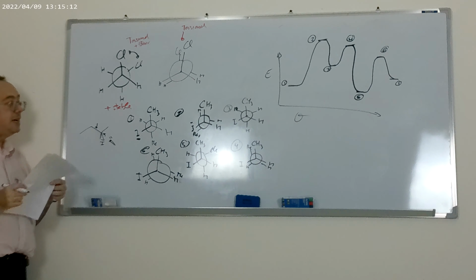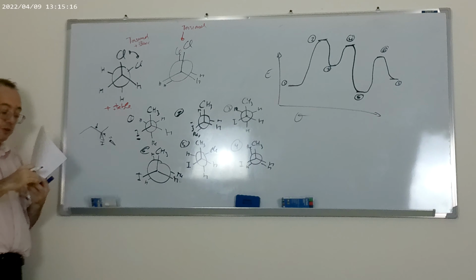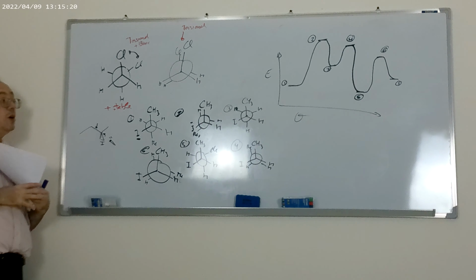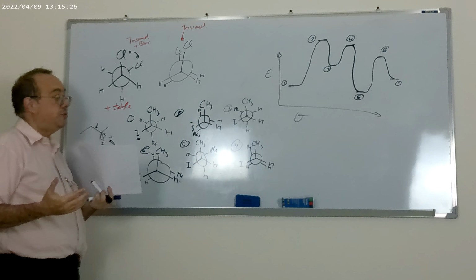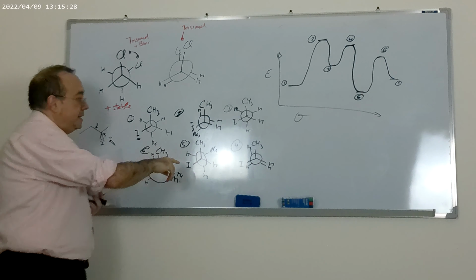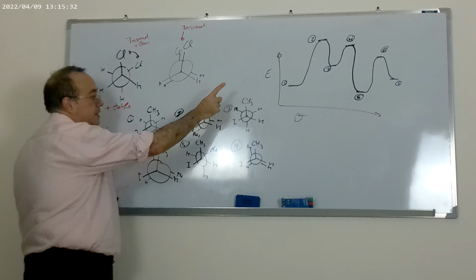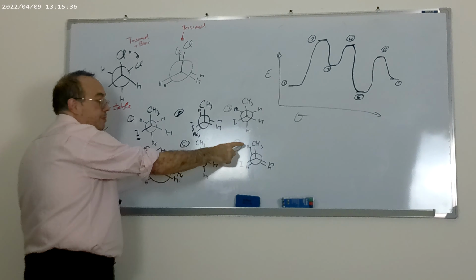Okay, we have to analyze each conformer, we have to check if it's staggered or eclipsed. Remember that all eclipsed are maximums, all staggered are minimums. Okay, and then we compare all the eclipsed together. For example, this has the two big groups, one after another, this will be the worst. Here we have the two methyls, one after another, in eclipsed position.